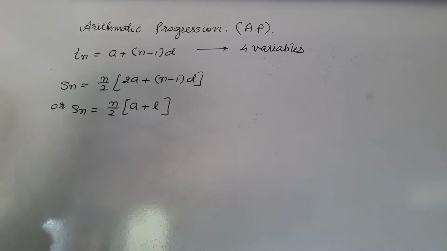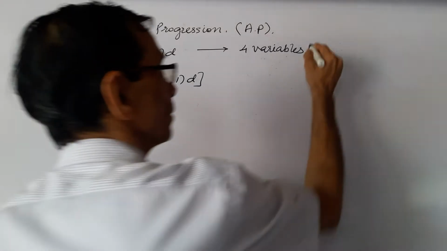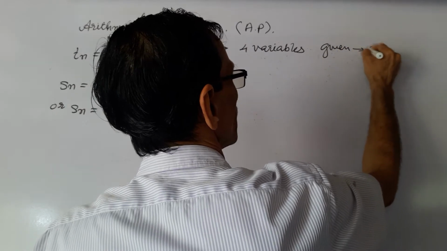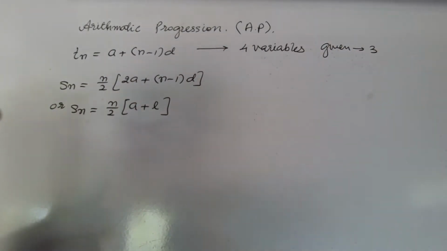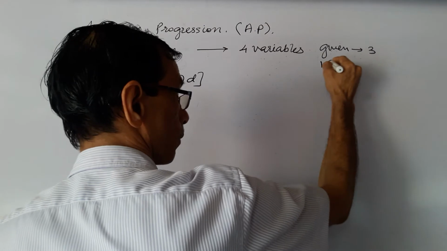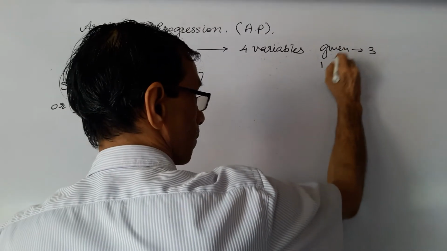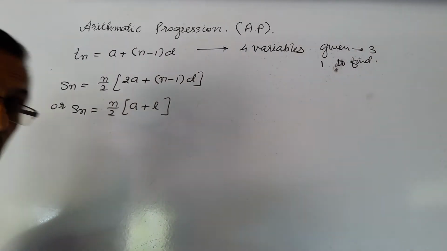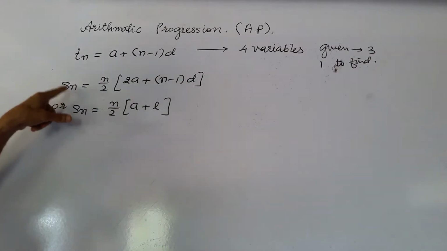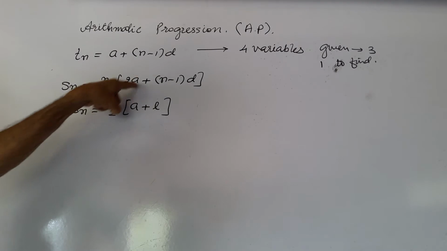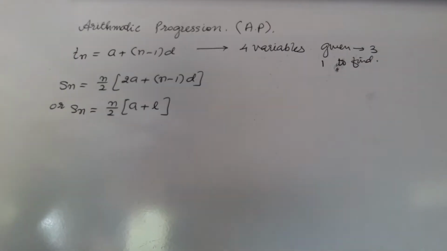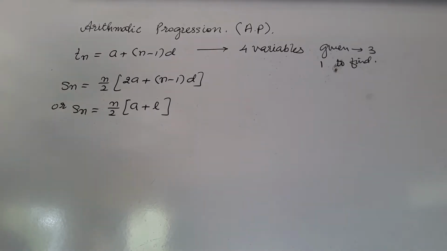Of these 4 variables, they will give you 3 variables, and you have to find one variable. Similarly, here also you will find 1, 2, 3, and 4 variables are there. So in every sum, they will give you 4 variables, and you have to find 2 variables.